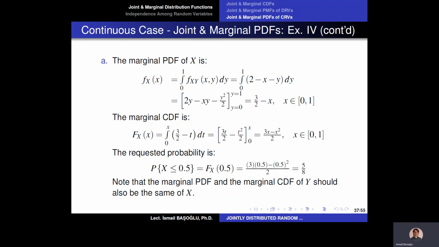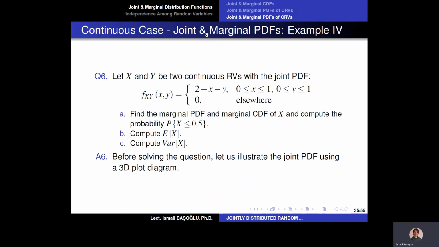Now, one thing you need to be careful about here: the possible values of these random variables x and y are defined within the unit interval in both random variables, and the contribution of these random variables into the probability density function is the same.